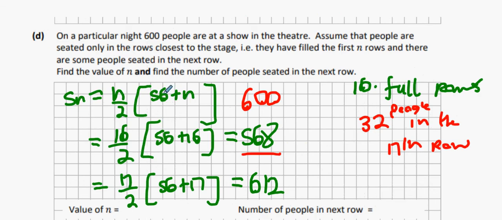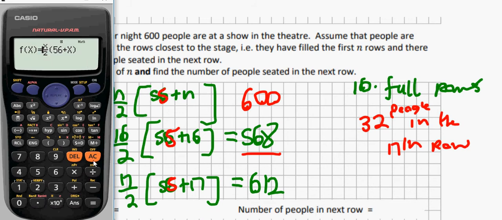So, this is 55 and not 56, my fault. And when you put it into the calculator, sorry, one more time, it's 55 plus x. We had it checked earlier on, didn't we? That it matched up with all the numbers earlier on, so we knew we were correct at the time. If you go through these numbers, Bill, 10 rows have 325 people. Then you can look at 16 rows has 568.